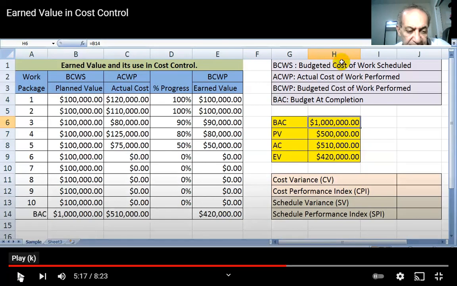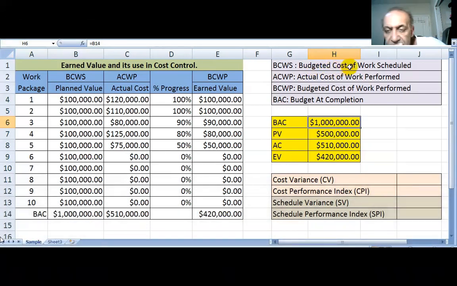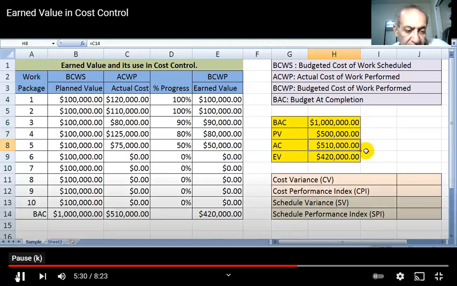Otherwise, the budgeted cost of work scheduled: I scheduled 5 work packages. For that, I budgeted 500,000. But I had spent 510,000. What does it mean? I spent already 510,000 while I was supposed to spend only 500,000.